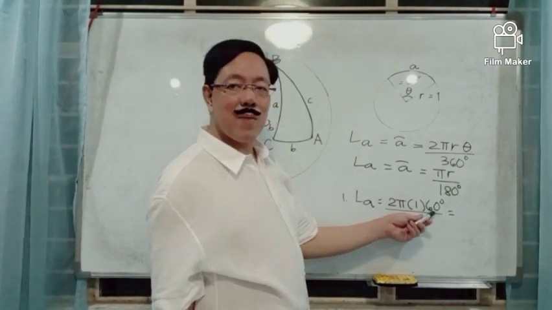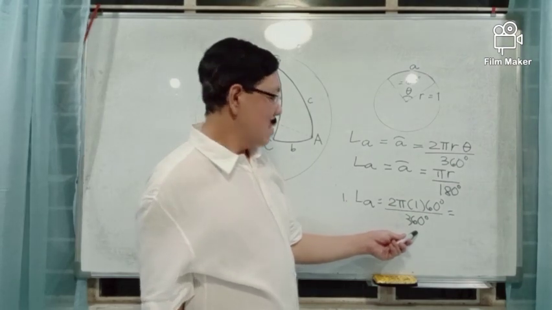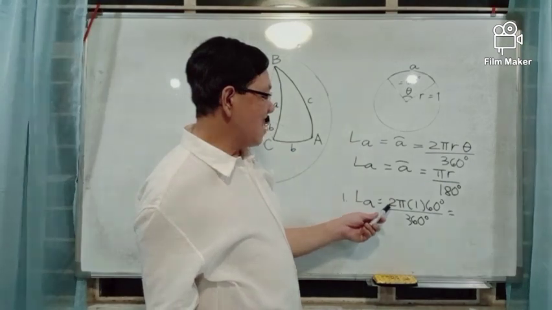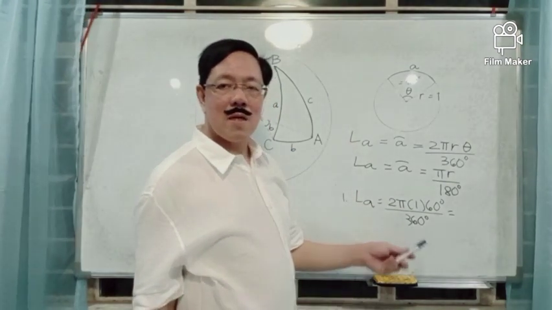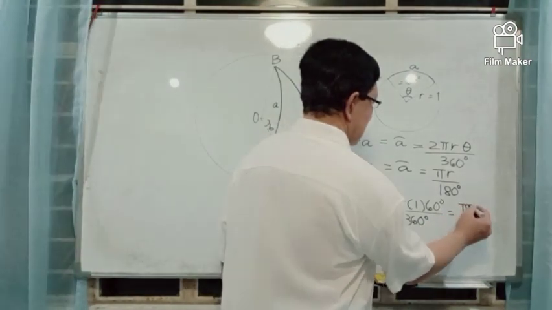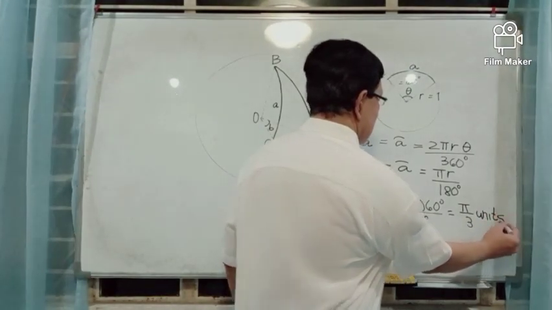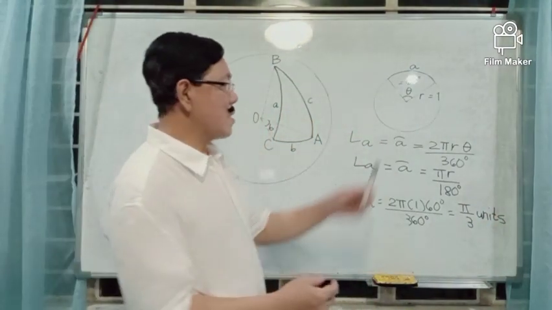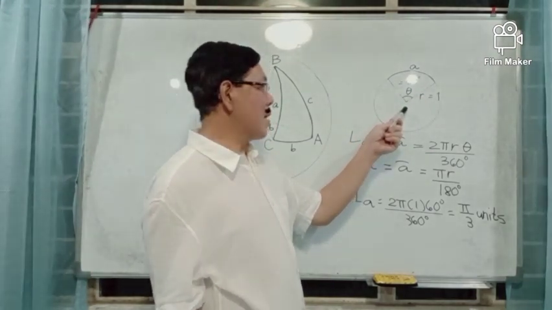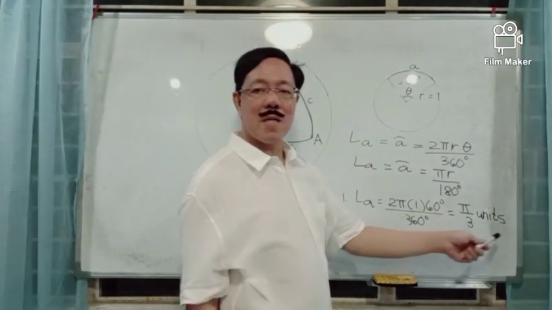So 60 divided by 60 is 1, 360 divided by 60 is 6, and you have 2 pi over 6. In lowest terms, that's pi over 3. So the length of this arc that subtends a central angle of 60 degrees at the center of the circle of radius 1 unit is pi over 3 units.